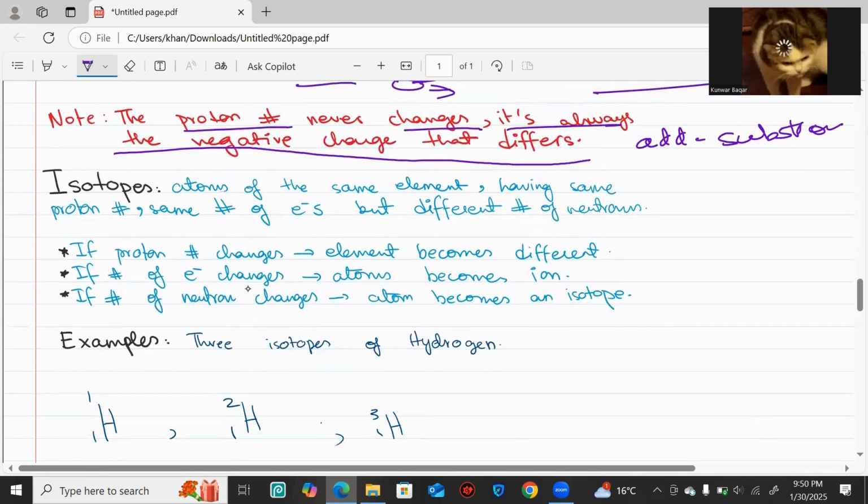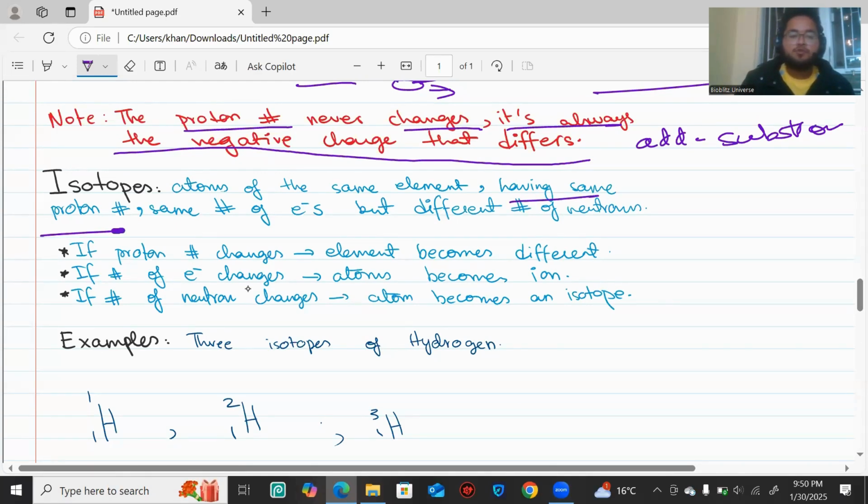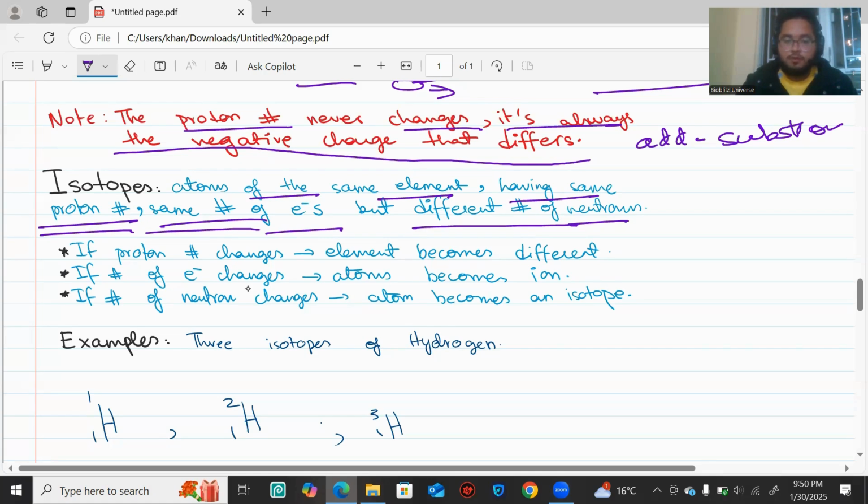Now let's move on to isotopes. What are isotopes? Isotopes are atoms of the same element having the same proton number, the same number of electrons, but a different number of neutrons.